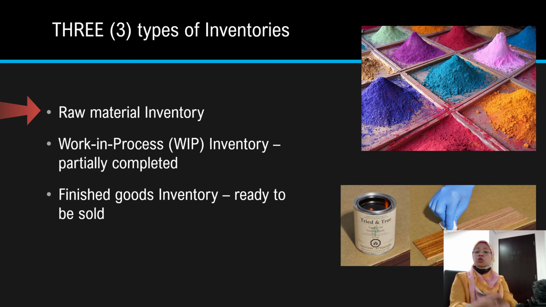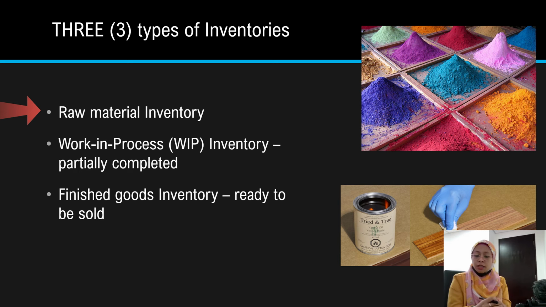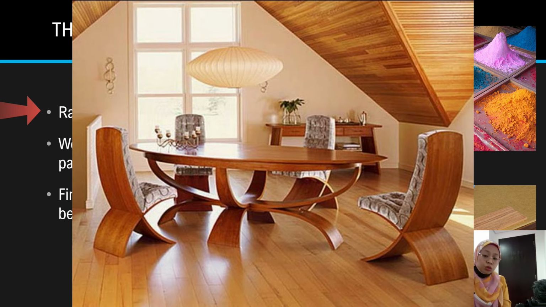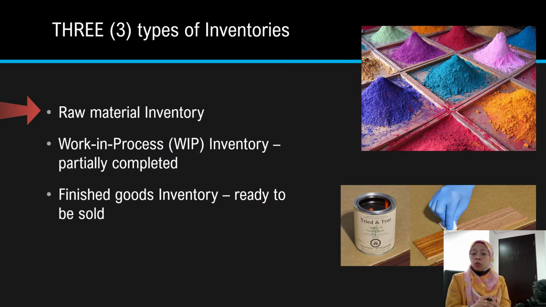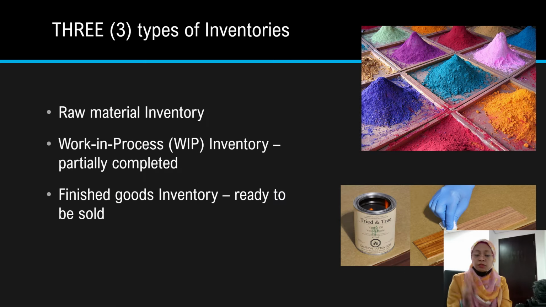If we are producing a cupcake, the raw material inventory purchased from the supplier can be flour, sugar, butter, eggs. If we are producing furniture, wood. If we are producing water bottles, plastic pallets.